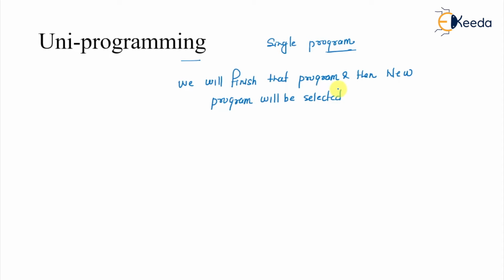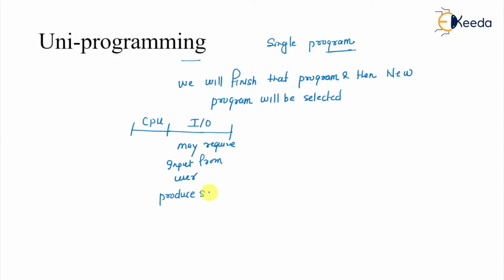Now let's talk about the event that a process might be waiting for. Any process execution goes this way: there is CPU time required, then the process goes for input and output, it may require input from the user or it may need to produce some output, and then again it goes back to some calculation, CPU time, and again input and output.